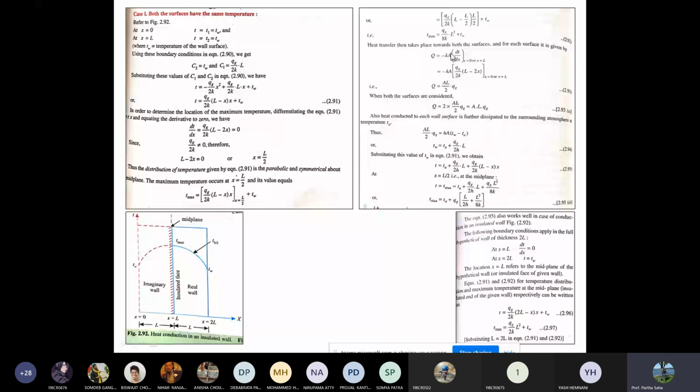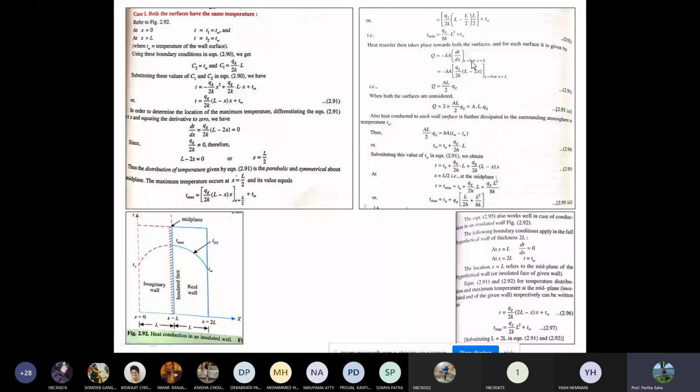Heat transfer then takes place towards both surfaces, and for each surface it is given by Q equals minus k dT by dx at x equal to 0 and x equal to L, right? Because x equals 0 here and x equals L here. So minus k dT by dx is already determined, Qg by 2k (L minus 2x).